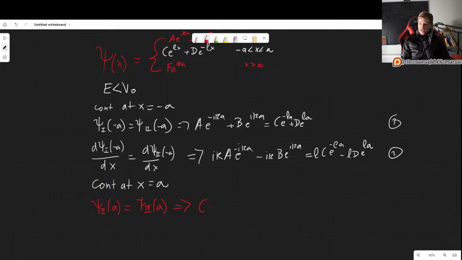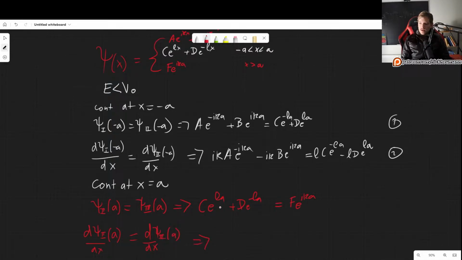So C e to the La plus D e to the minus La has to be the same as F e to the ika. And now from the condition for the derivatives, the first derivative of the second region evaluated at a must be the same as the first derivative of the wave function in the third region evaluated at a.